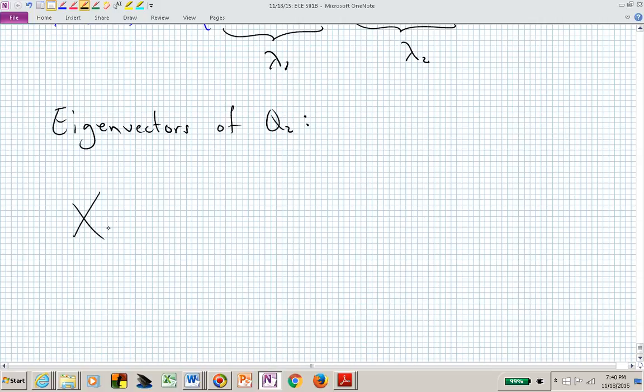So now let's say that X, which is made up of E1 and E2, where E1 is now minus 0.92388, sitting on top of minus 0.382683.